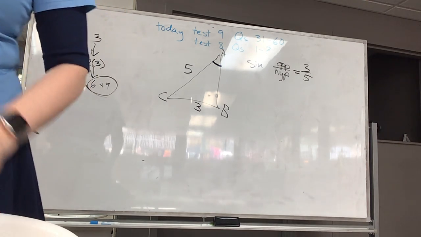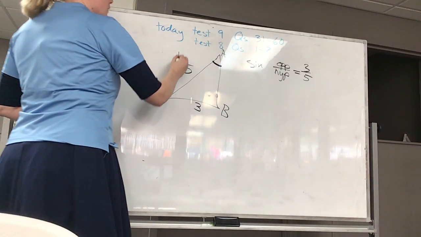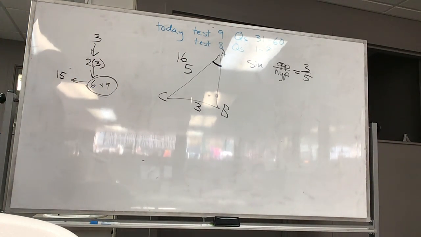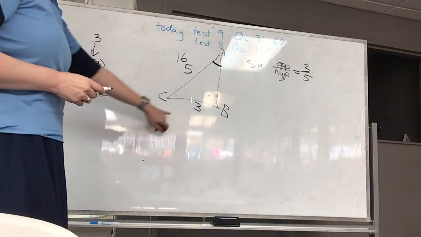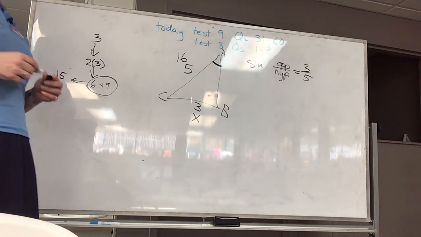But they also tell us that the hypotenuse is 16 inches long. And so they ask us to find how long is BC. So we can treat that as X.